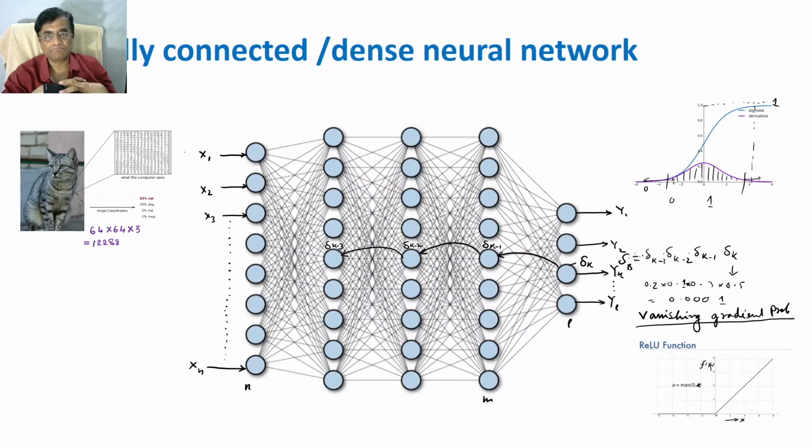So in the 90s and early 2000s, the stand-alone fully connected neural network as a classifier did not look so promising, especially when other competitive tools were there, like support vector machine, decision tree, etc. So that's the problem with the fully connected neural network.